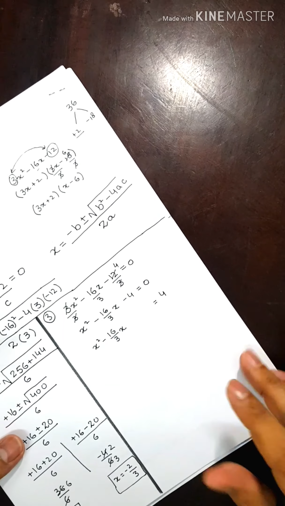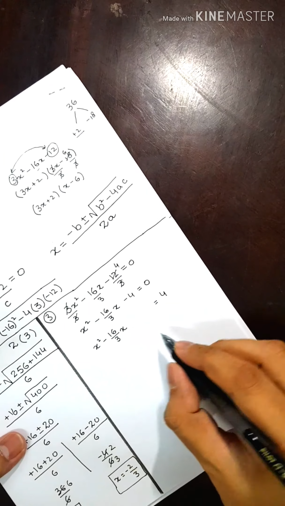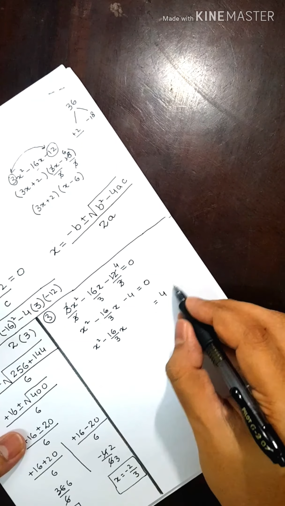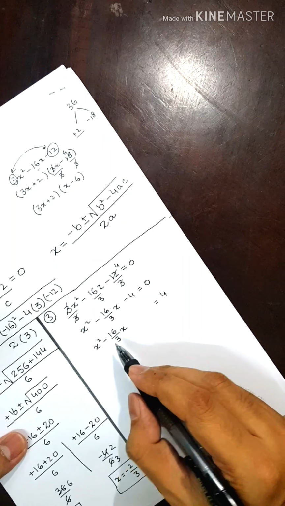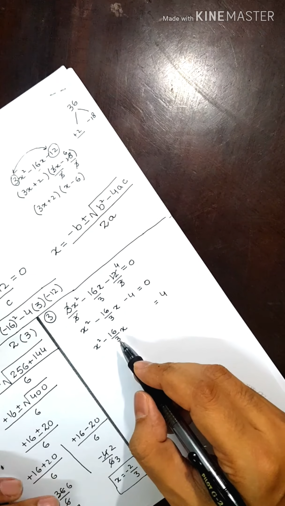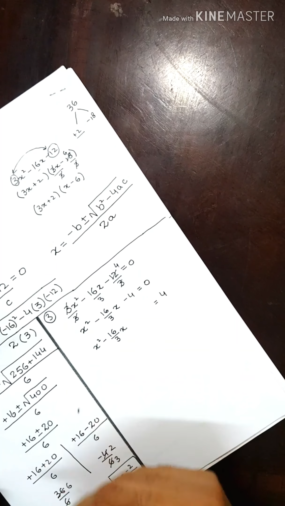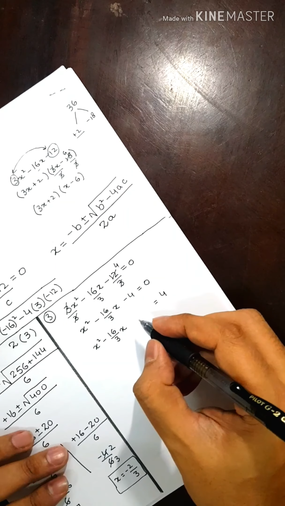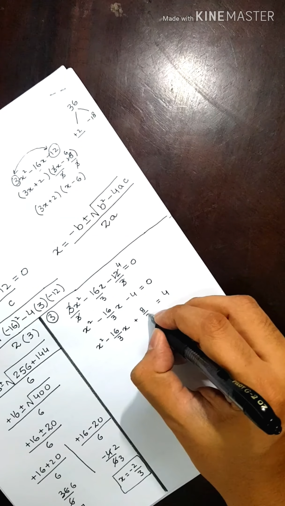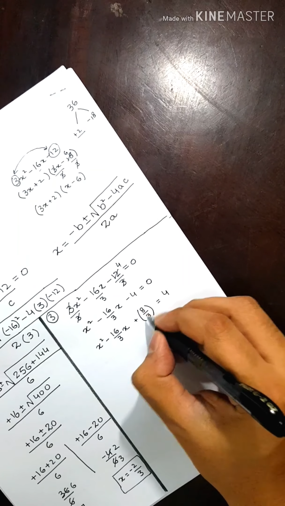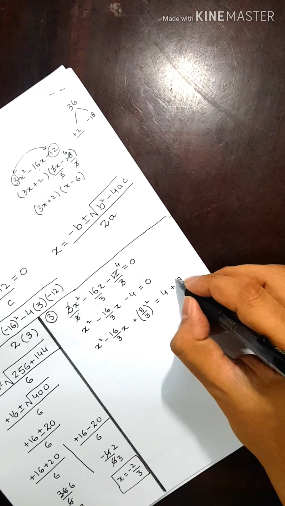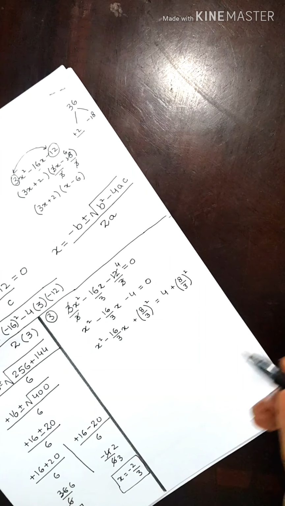Now dear students, what is the rule? You have to add the half square of this term on both sides. So here you can see this is 16 upon 3. The half of 16 upon 3 will be 8 over 3 here. So you have to write plus 8 over 3 square, and plus 8 over 3 square there as well.